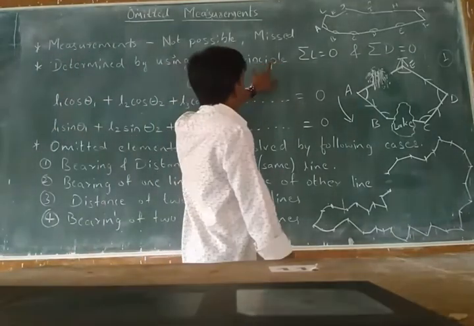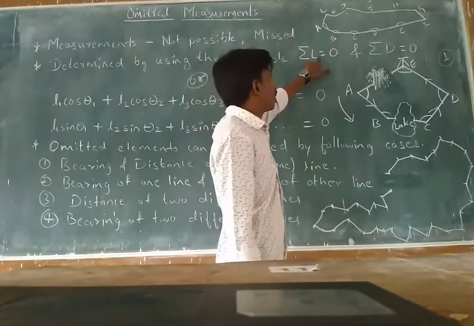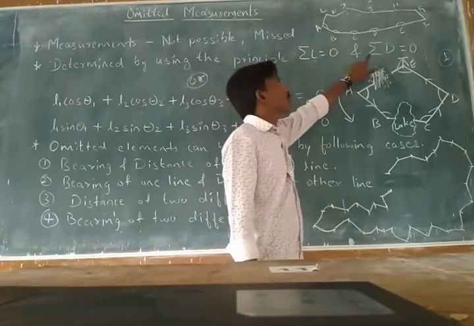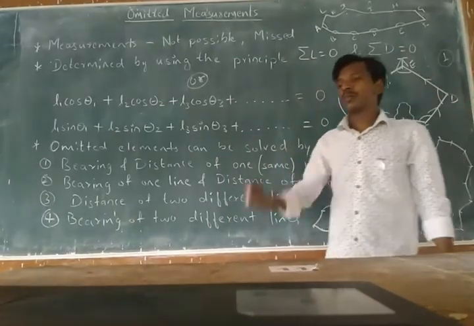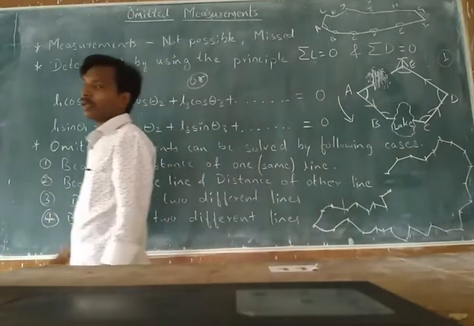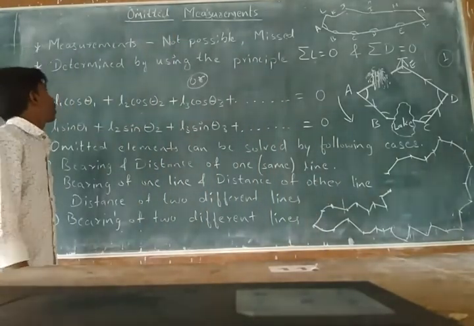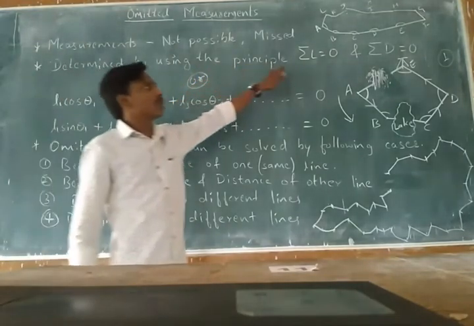By using the principle of closed traverse, that is sigma latitude. All the summation of all the latitudes must be equal to 0 and summation of all the departures must be equal to 0. By using this principle we can determine the omitted measurement. Here L1 cos theta, so this is also the principle.